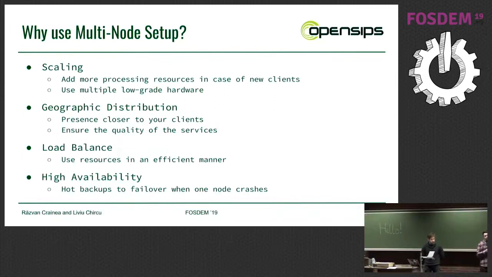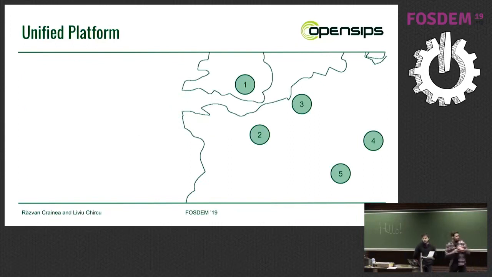And probably all of you are interested in high availability, in order to be able to fail over in case a node crashes or something happens. So imagine that you have this kind of setup where you have some nodes in a data center in London, others in Amsterdam. So you have your nodes, in order to offer geographic distribution, spread all over Europe.